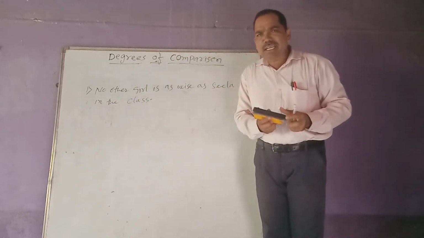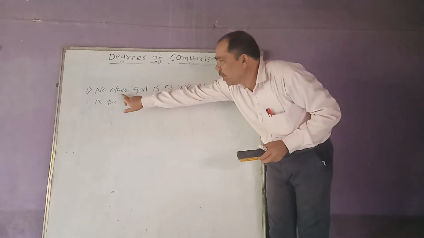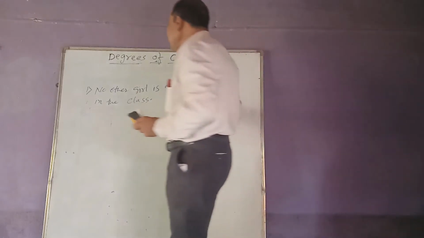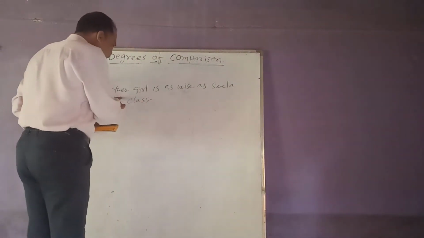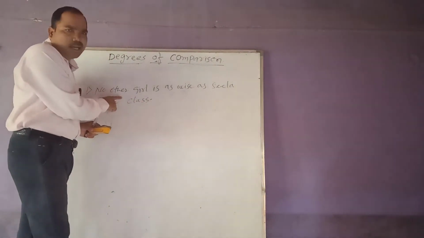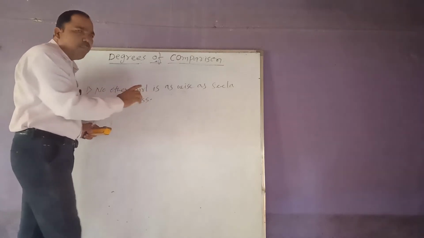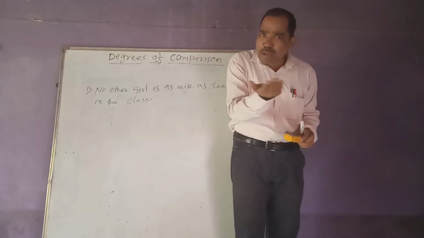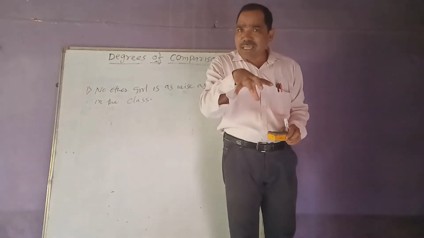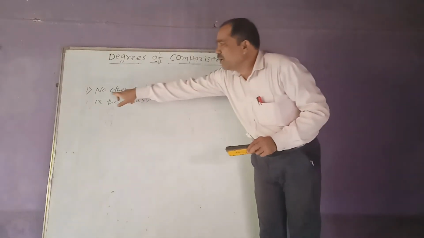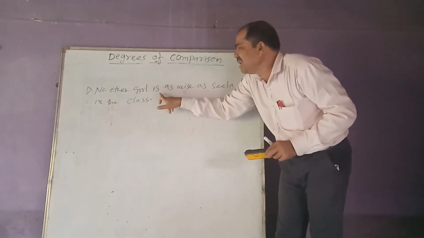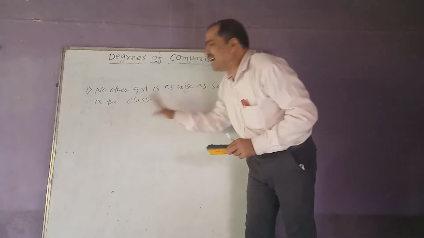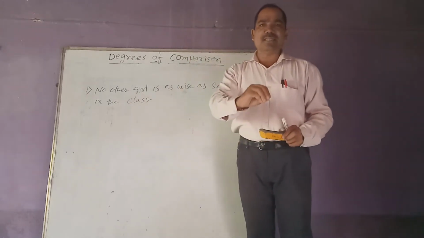In this sentence, Sheila has been compared with many other girls in the classroom. Now, this is a positive degree. In the positive degree, there is no comparison at all. But here the sentence says that no other girl is as wise as Sheila in the class.